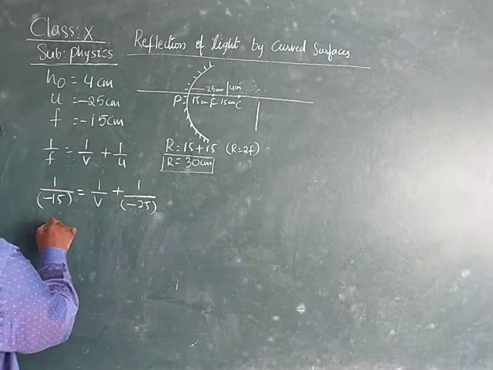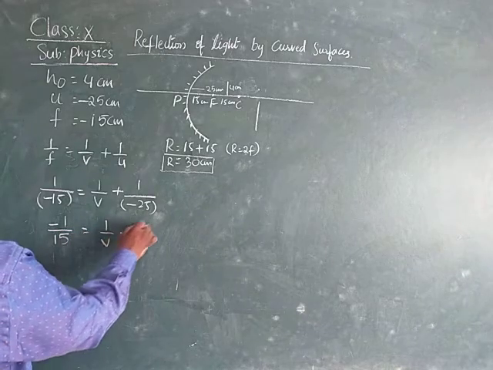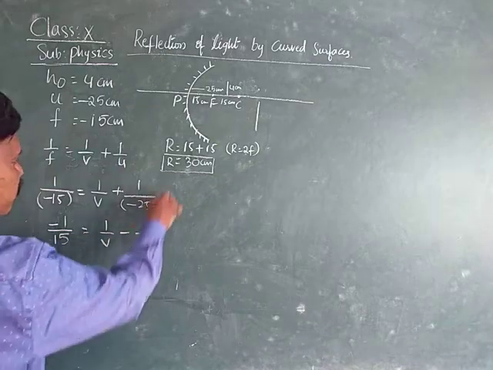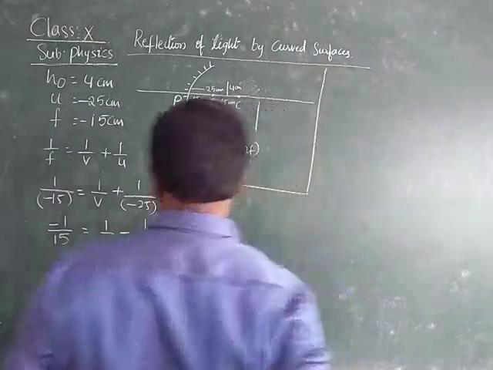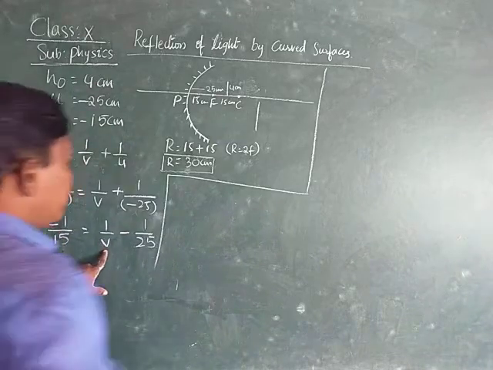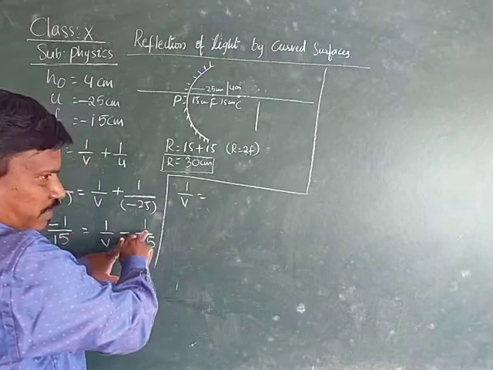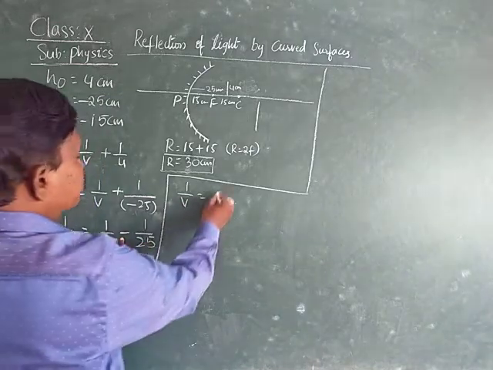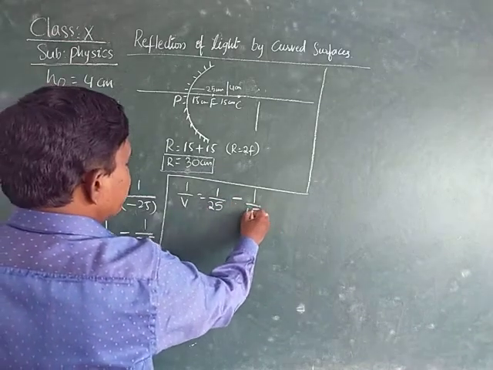Therefore, -1/15 = 1/v - 1/25. Now, here we want v. 1/v is equal to, transposing -1/25 to this side, it becomes +1/25 - 1/15.